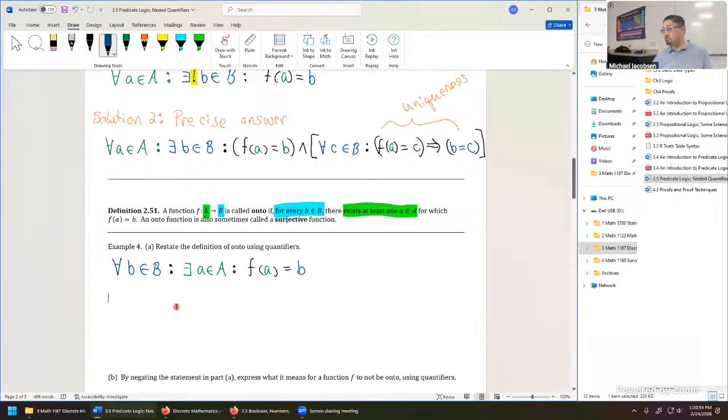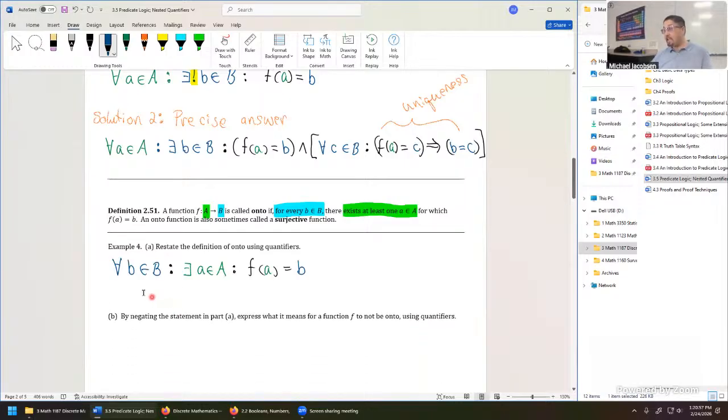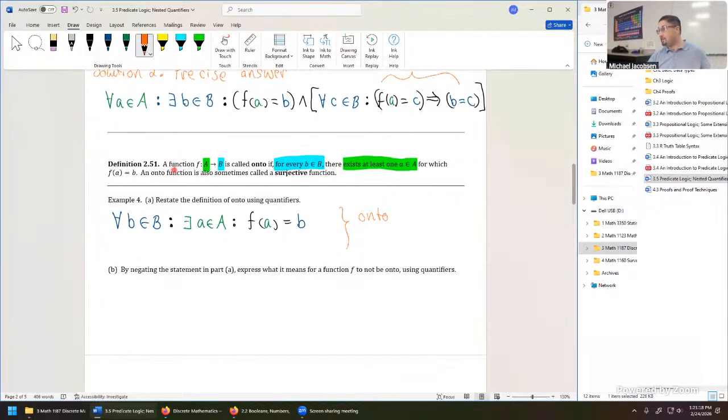Okay, in terms of quantifiers, this is the essence of what we mean by onto. What we're going to do next is negate the statement in part A. And if we negate it, we have a nice quantified statement for what it would mean for a function to be not onto. So here, this is now an onto function, or surjective if you prefer.